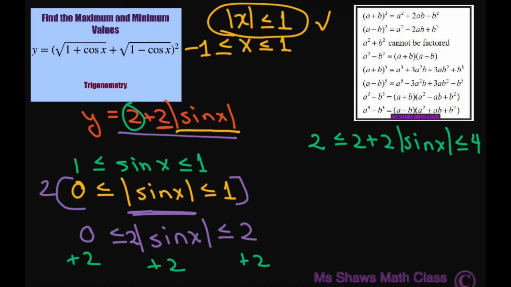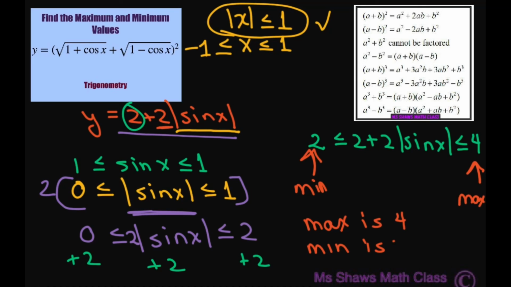So basically, this is your maximum value, and this one is your minimum value. Therefore, you can write max is 4, and min is 2. And that's your final answer.